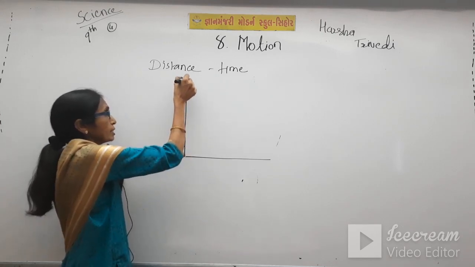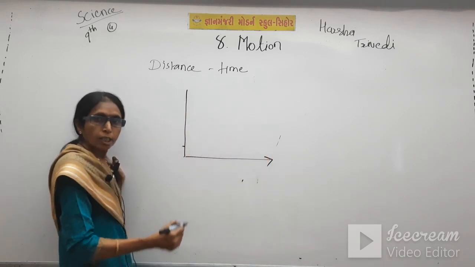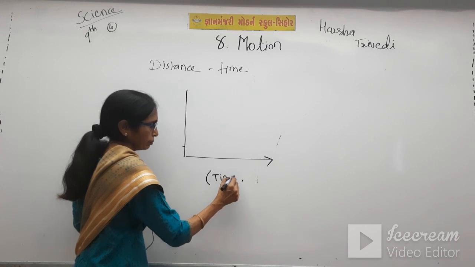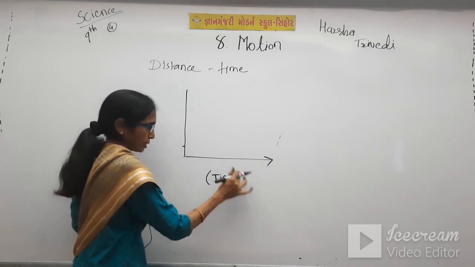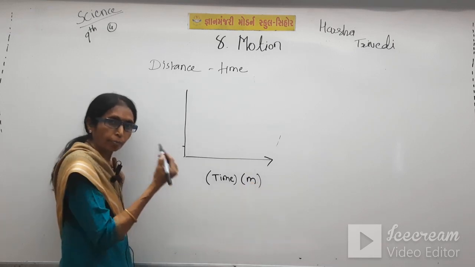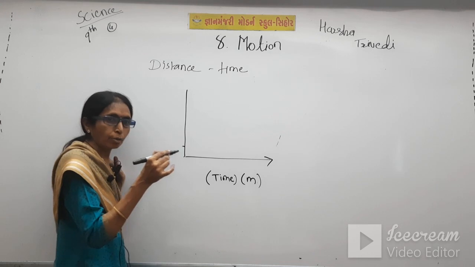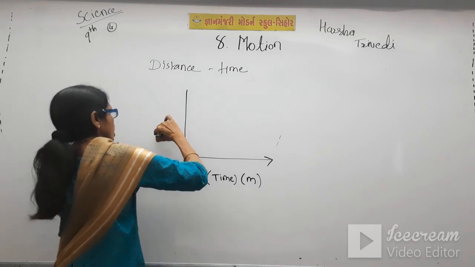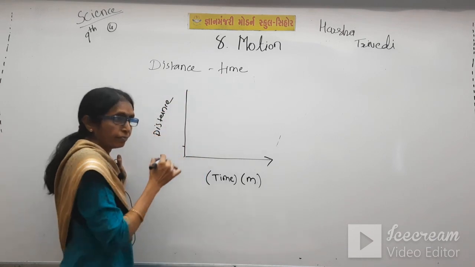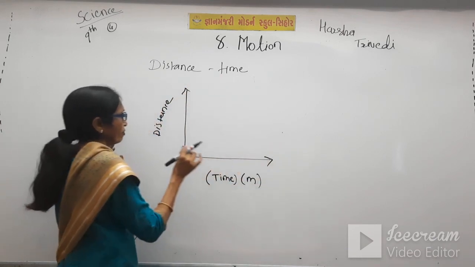Suppose this is the y-axis, this is the x-axis. The x-axis shows the time, and suppose it is in minutes. How much distance the particular vehicle covers in how many minutes. So this is the distance. This information you should write while drawing the graph.